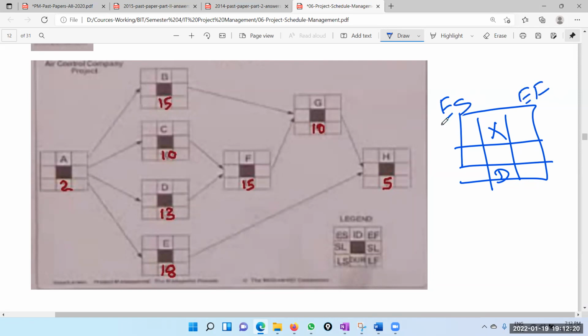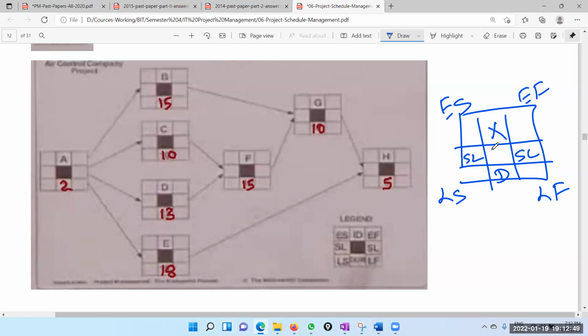We discussed the earliest start and earliest finish in the activity on node approach as well. That is where we use only earliest start and earliest finish. But here we have two more, that is late start and late finish. So earlier we had only earliest start and earliest finish. Now we have the late start and late finish, and also we can have the slack.